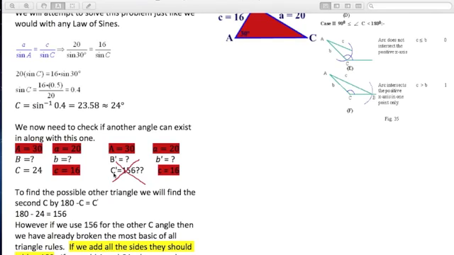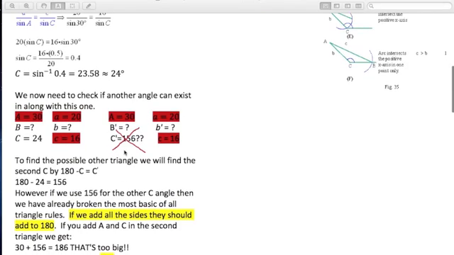And here's the test. I'm going to take that angle, in this case 156, and add it to the angle that they've already given me. In this case, they gave us A, which was 30 degrees. Once you see that sum, you should already have a problem with that. If we add all the angles of a triangle, they should add up to 180. Well, guess what?